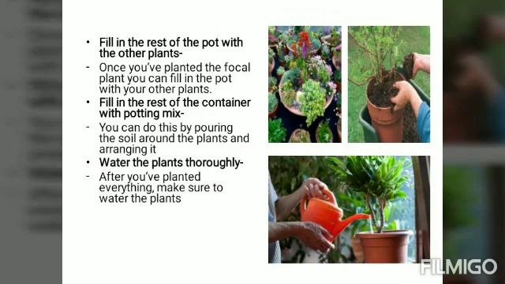This means that once you have planted the focal plant, okay, it's also related to the second point. The second point we mentioned, the focal plant has to be in the middle. So once you have planted the focal plant, you can fill in the pot with your other plants, like we have already discussed before.